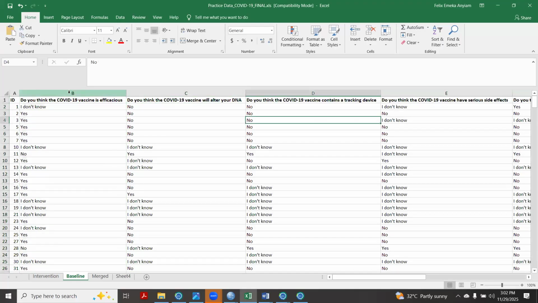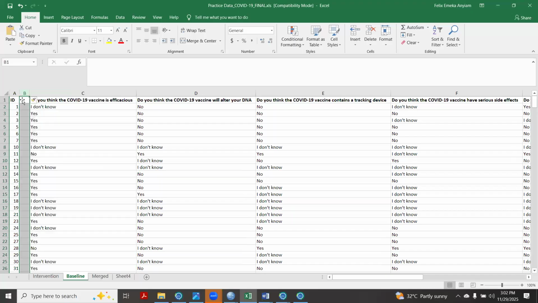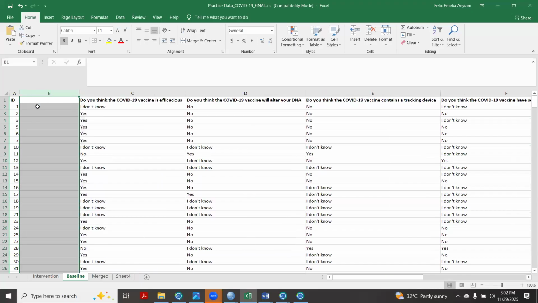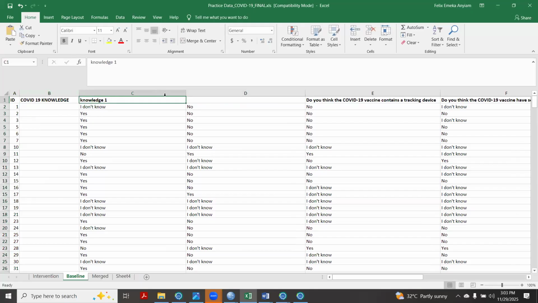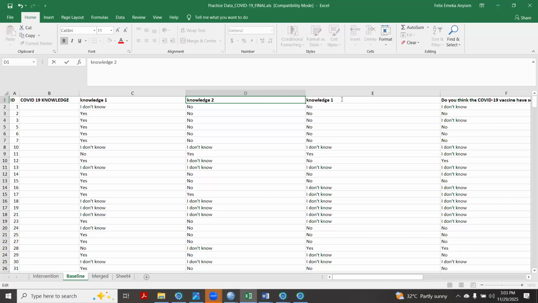Let's say you asked a question about COVID-19 knowledge. So this is knowledge one, this is knowledge two, then knowledge three, and this is knowledge four.